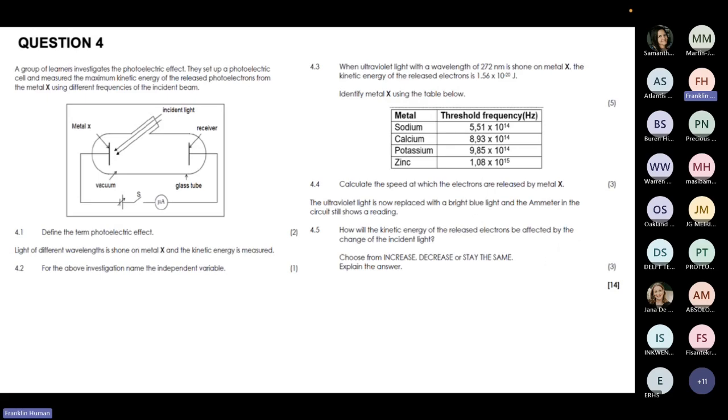And so this is why it's important to keep your eye very, very focused on that data sheet, information sheet at the back of the question paper, or the data table at the back of your question paper, because the mass of the electron will be given to you there. You're not required to know it out of your head.